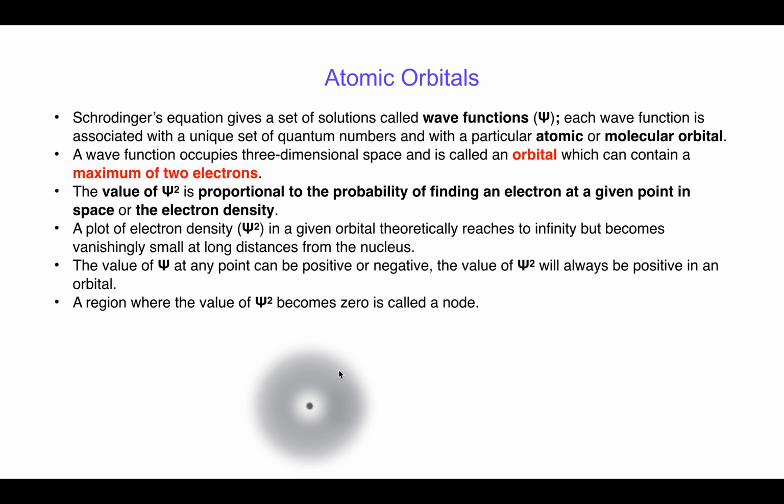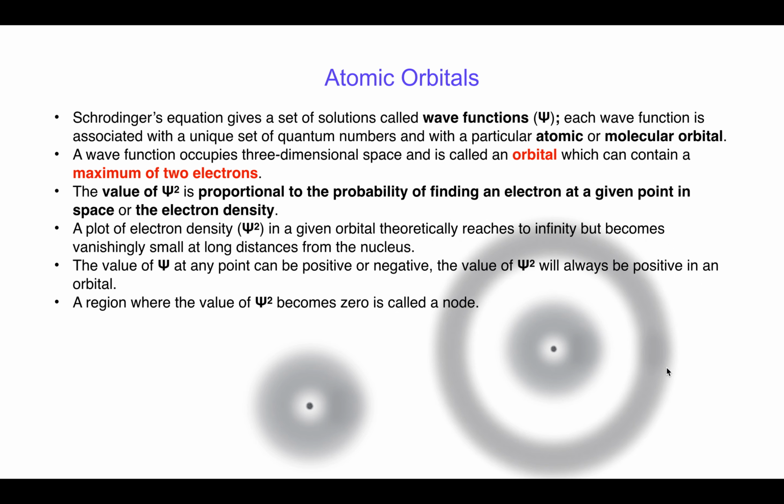Now, within an atom, the region where the value of psi square becomes zero is called a node. For example, if we consider this picture, this region where there is no electron density is called a node. This is one shell or orbital, and this is the second orbital.